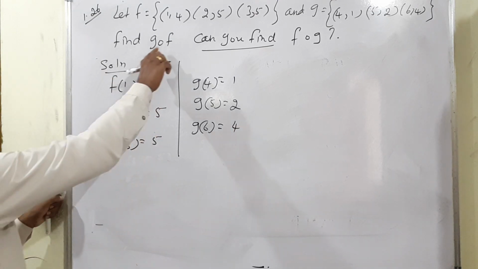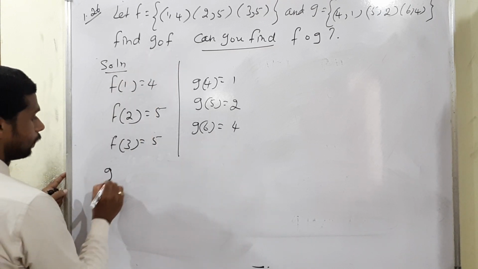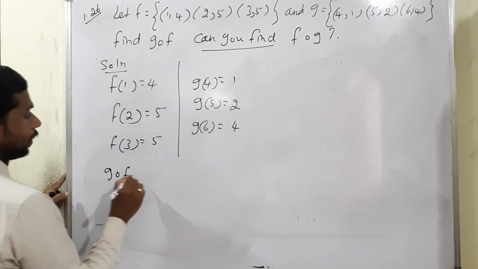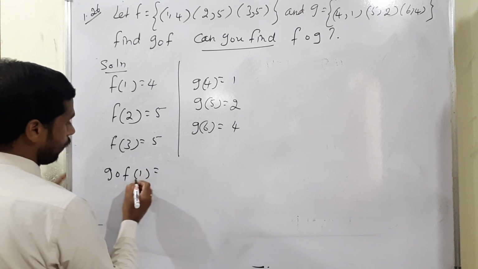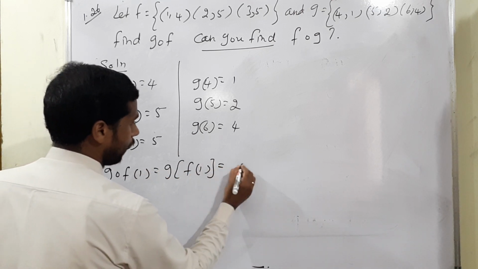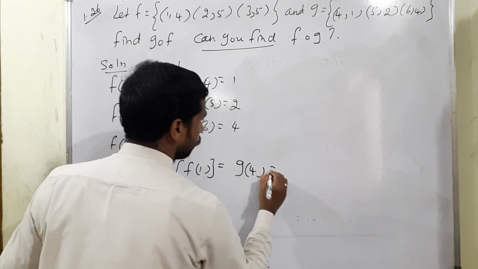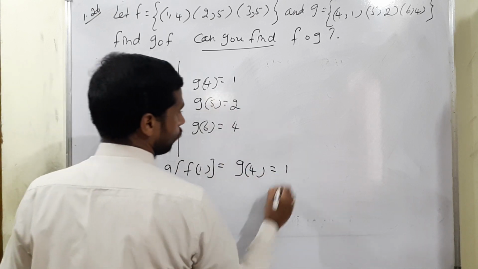Now find f composite g. First one, g dot f of 1, isn't it? g dot f of 1 means g of f of 1. Again, g of f of 1 is g of 4. Therefore g of 4 is 1.